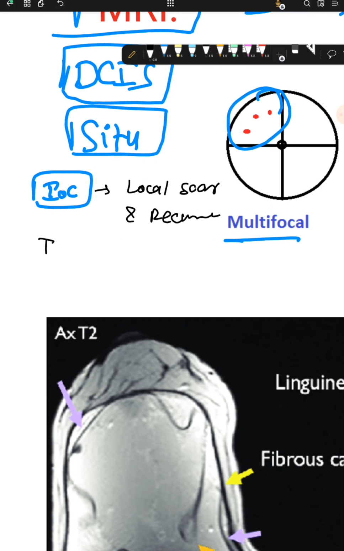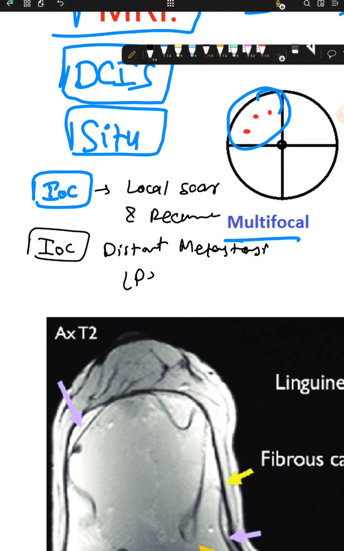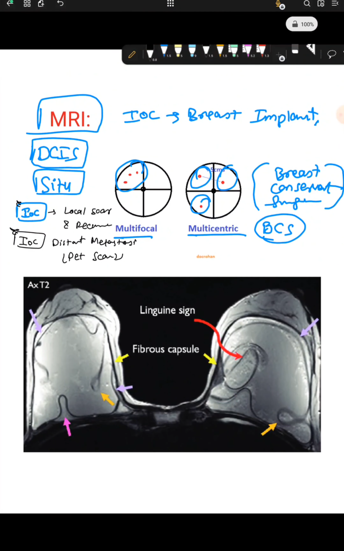But if you talk about the investigation of choice for distant metastasis, it is a PET scan. So these are the 2 points you should know about it. And we also saw the Linguine sign. It is the step ladder sign and extracapsular rupture seen exactly as a snowstorm appearance.